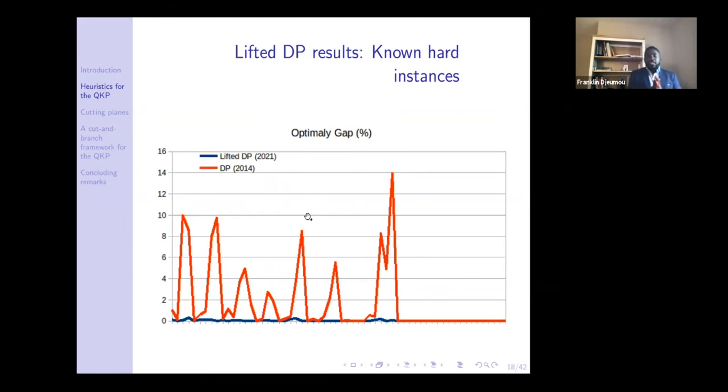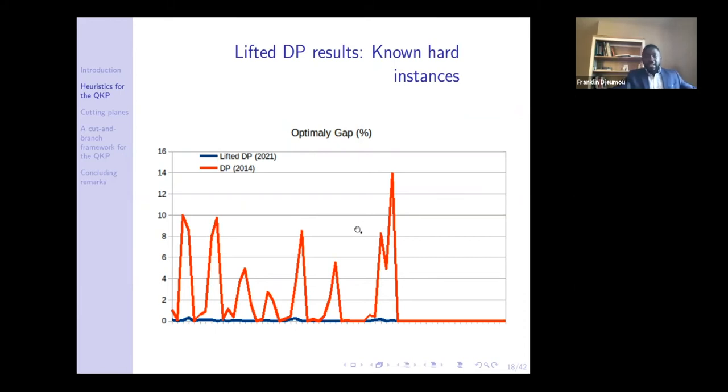Of course, we did some tests with the old ways of generating instances, and we obviously have zero optimality gap everywhere. But in this table here, we are only showing results for the hard, challenging instances that were published in 2016 and that were developed by Schauer from Copenhagen. So these are those instances here.